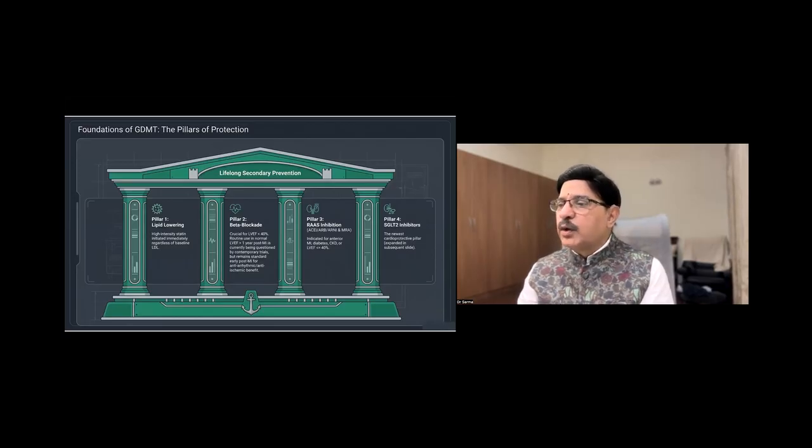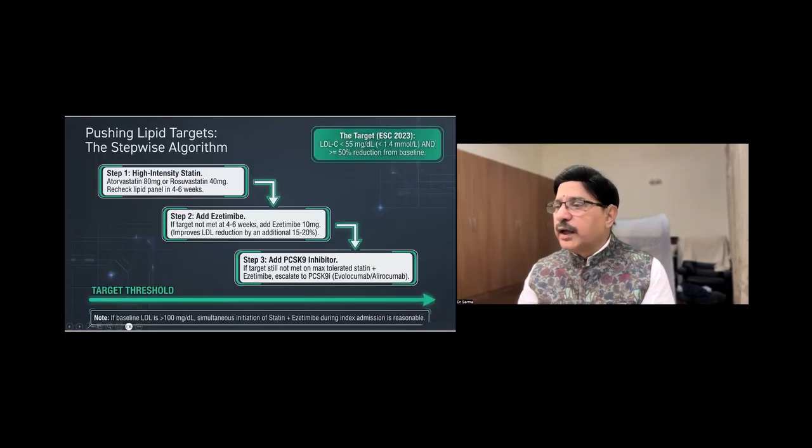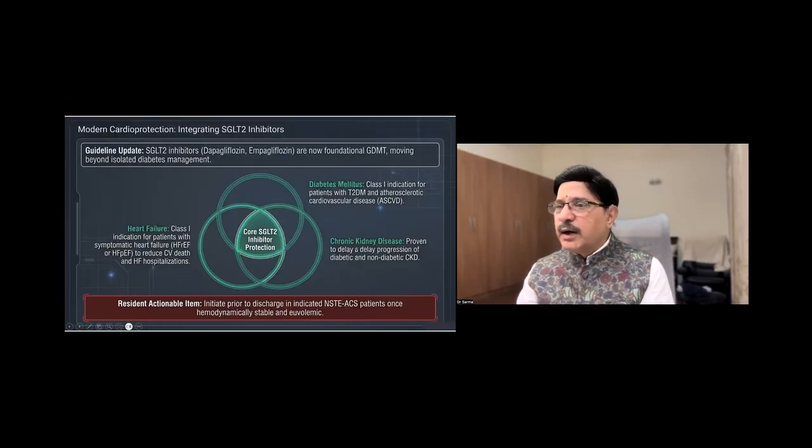Lipid target must be less than 55. You may have to use PCSK inhibitors also. Now cornerstone is SGLT, either for heart failure or for diabetes or for CKD. The core is SGLT, so SGLT must be prescribed at the time of discharge.